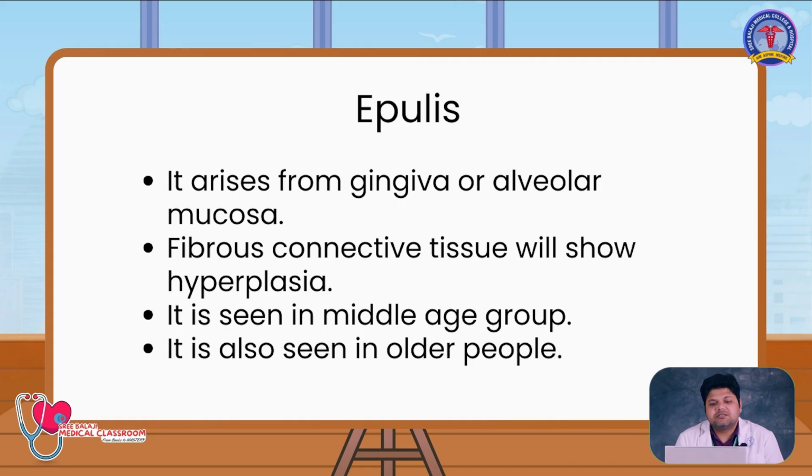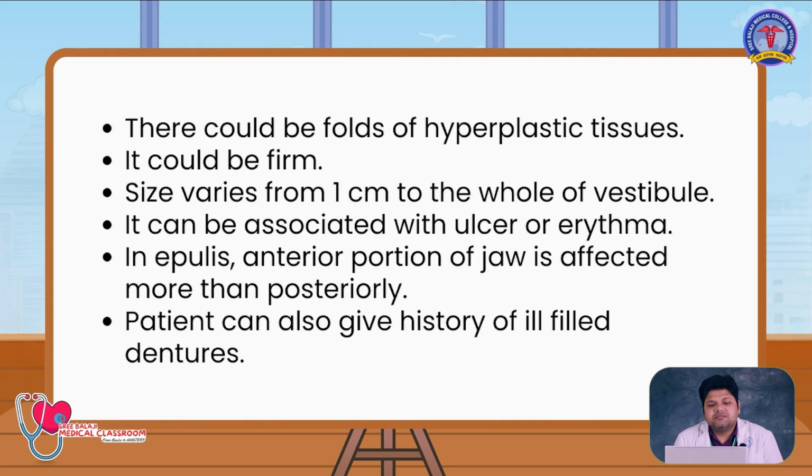Clinical features. Basically it is seen mainly in middle age or old age group, and female predilection is 2/3 to 3/4. Typically it appears as single or multiple folds of hyperplastic tissue on the facial aspect of the alveolar ridge and lingual to the mandibular ridge.